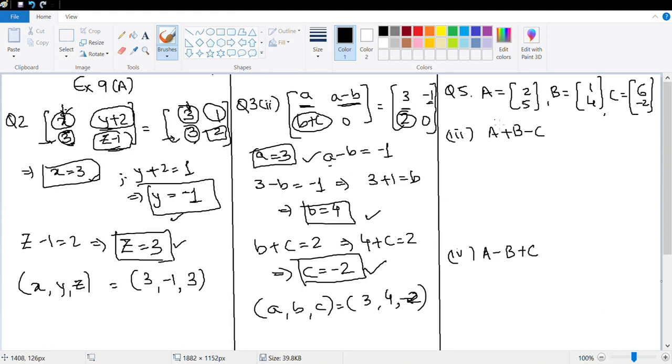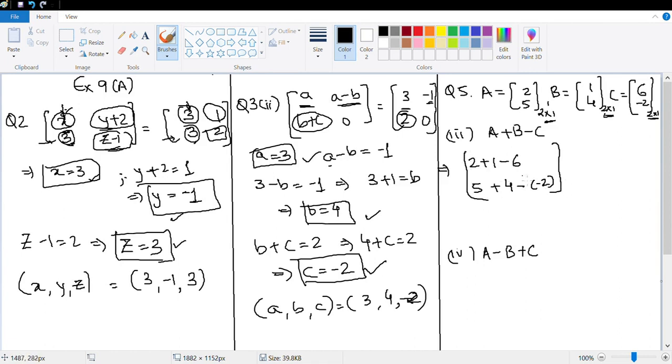This one. So I notice that this is 2 rows into 1, 2 rows into 1, 2 rows into 1. So you can add only if the order is exactly the same, like I had said earlier. Similarly, you can subtract only if the order is the same. So let's add and subtract. So this will be a plus b, which is 2 plus 1 minus 6 because c is being subtracted, and this will be 5 plus 4 minus of -2.